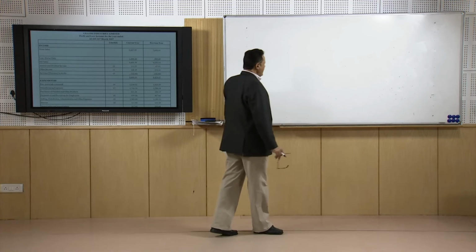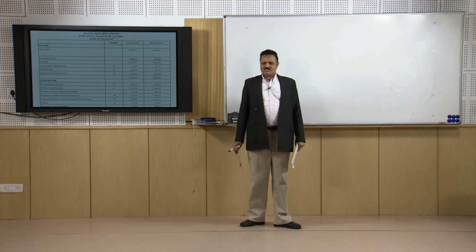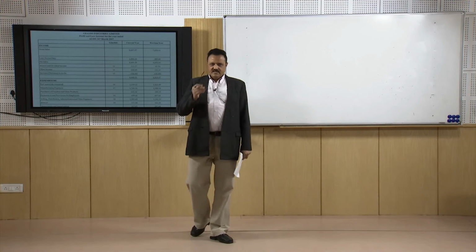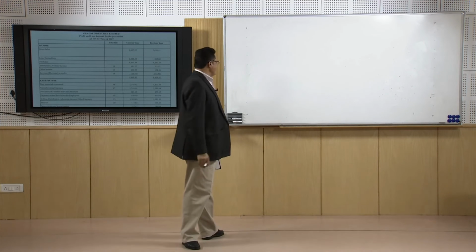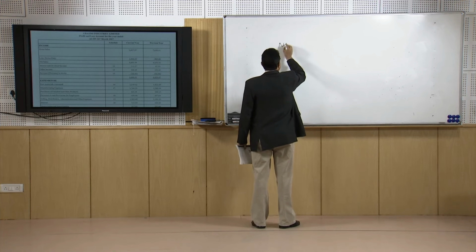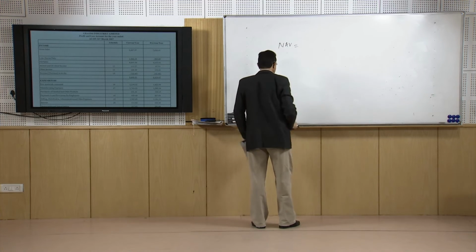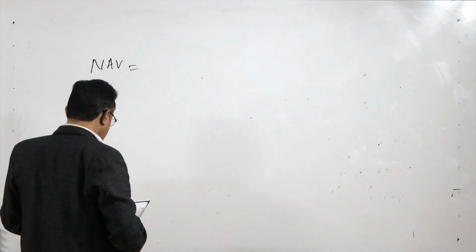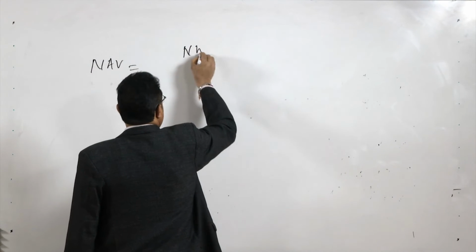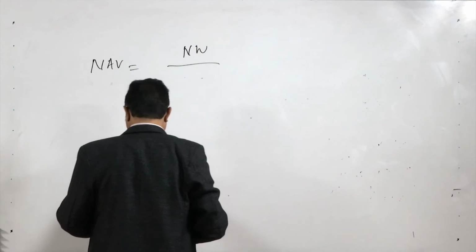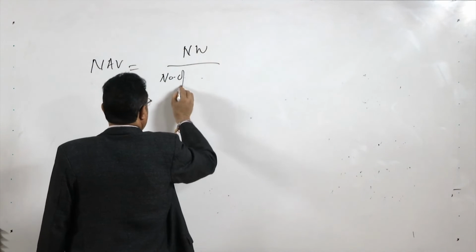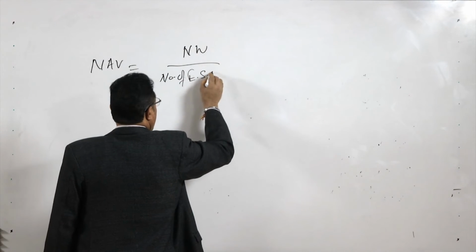Again, for Grasim Industries, we will calculate the solvency ratios, and the first ratio that we learned in the previous part of the discussion is the NAV, or net asset value. For calculating this ratio, we take the net worth divided by the number of equity shares outstanding.